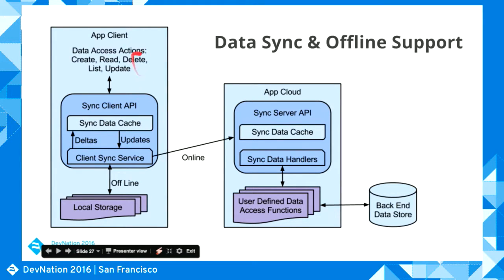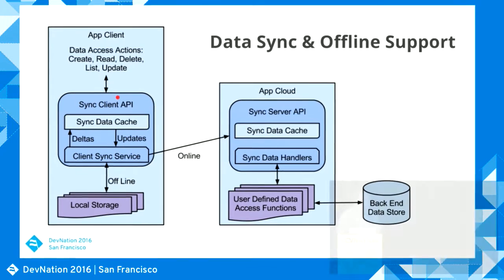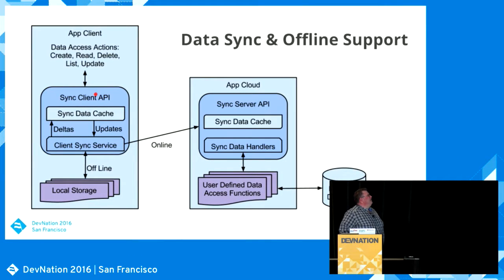The little pointer here is basically the architecture diagram for how data synchronization works, right? So when you have a managed data set, you're able to do all of these kind of CRUDL type updates on that data set, and then as part of the data synchronization client API, we have a local data cache and our sync service.